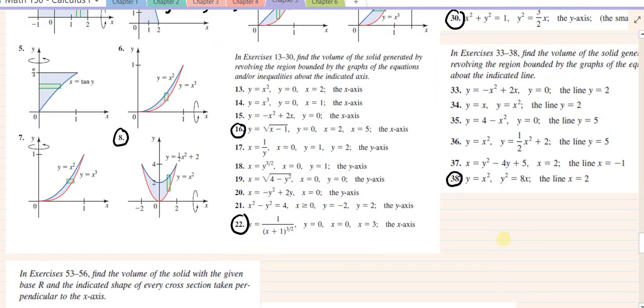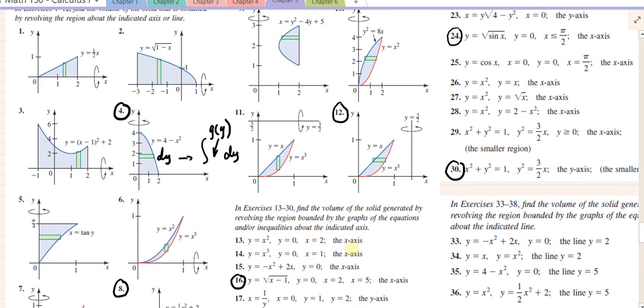Okay, so we did number 8. Let's take a look at number 12. Now in number 12 we are revolving about a line, the line y equals 3/2, right? So again, the outside radius is the distance all the way to this function y equals x. From 0 to 3/2, that's already a fixed distance, 3/2.